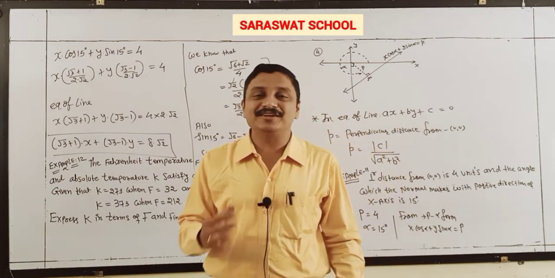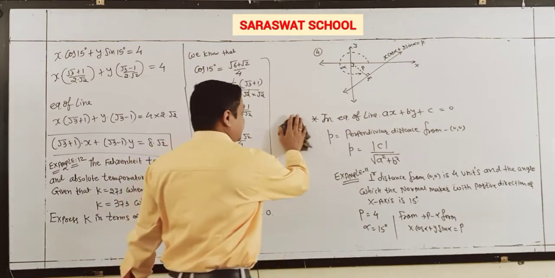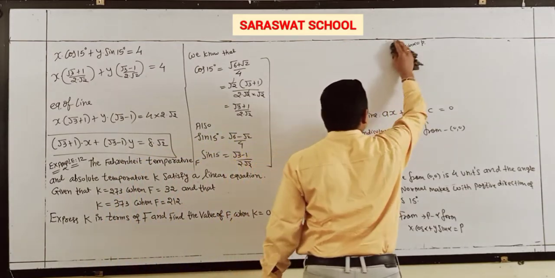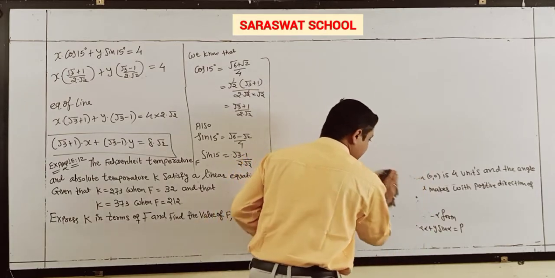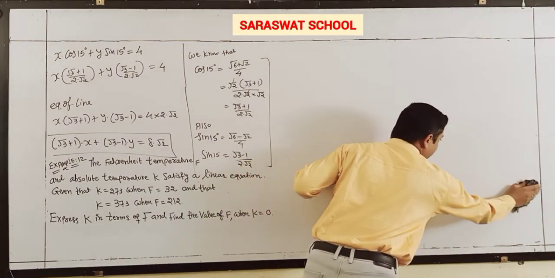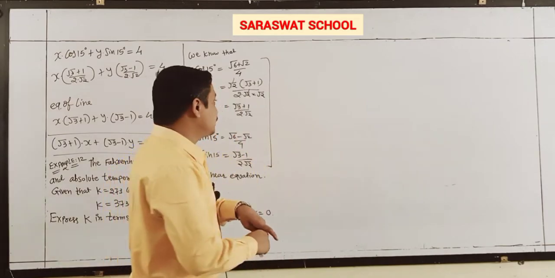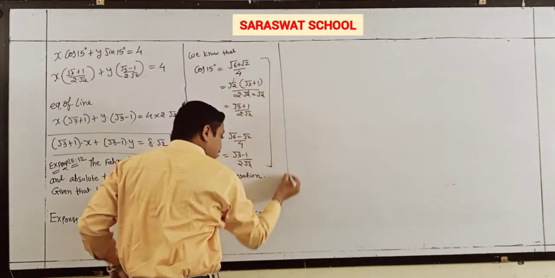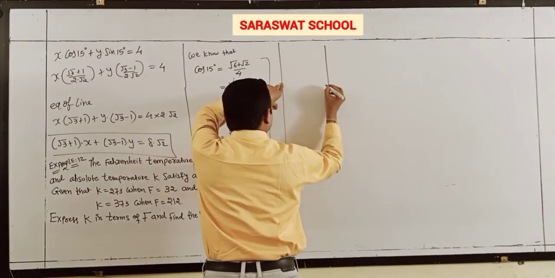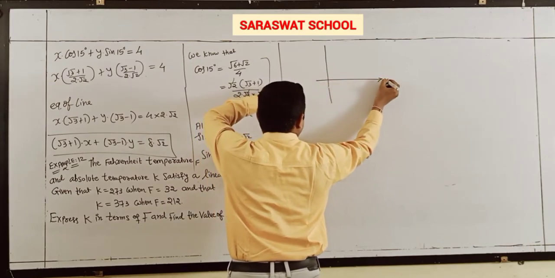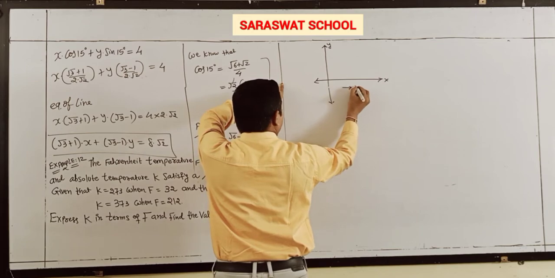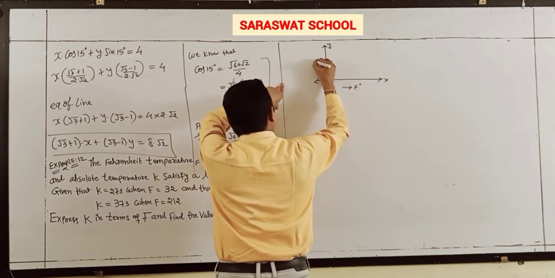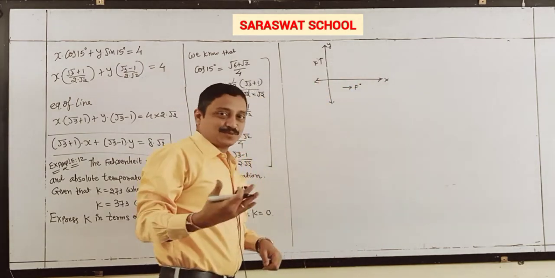So students, here I consider the respective axes. On the x-axis I take Fahrenheit F, and on the y-axis the temperature K, the absolute temperature. This is only an assumption. Here I take F, Fahrenheit, and here K, the absolute value, not Fahrenheit.